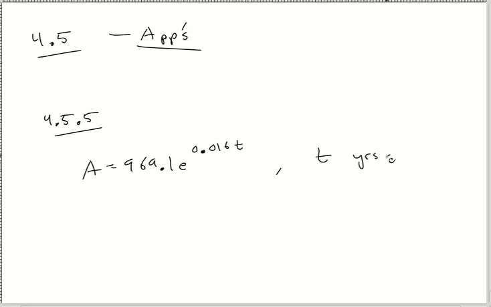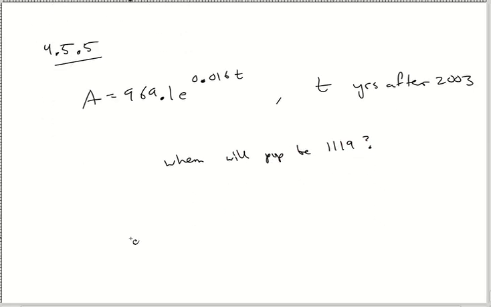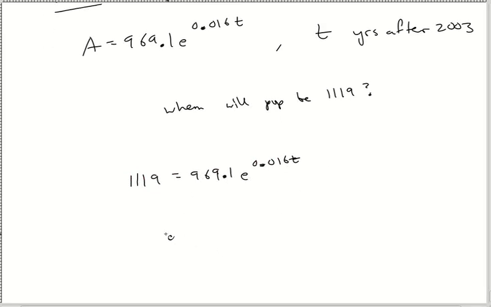T is years after 2003 this time, and it says when will the population be 1119? Sounds like a lot. So 1119 is equal to 969.1 e to the 0.016 t. All right, solve for t.